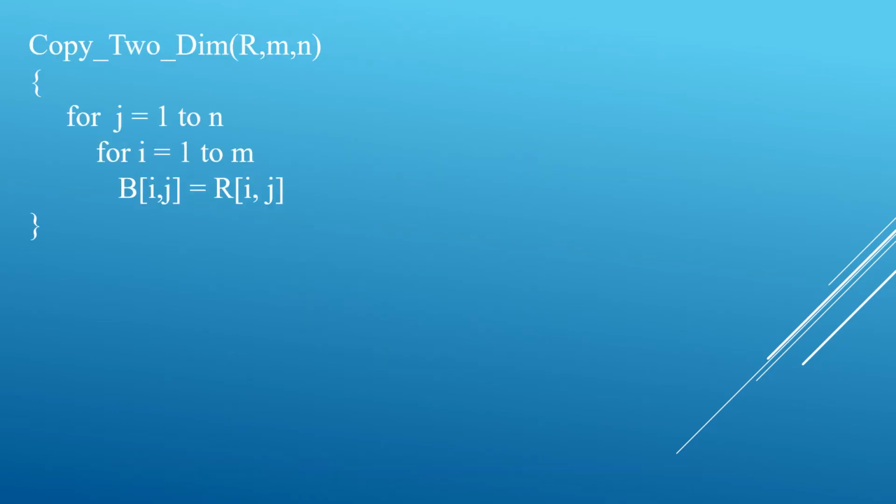Okay, so let us simulate this given pseudocode. We will copy elements of a two-dimensional array by column. Let's have an example. Let's have an array named R of size m by n. Let's say the array has 3 rows but 2 columns, just like what we have done in our previous example.